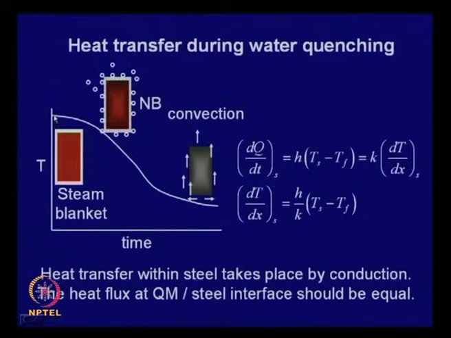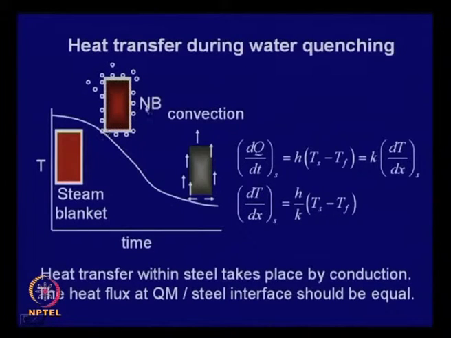So, therefore, as long as this steam blanket stays, the rate of cooling is slow. So, this is the region, and the rate of cooling starts increasing once bubbles nucleate, and this bubble nucleation sets in a severe or violent agitation in the surrounding area.